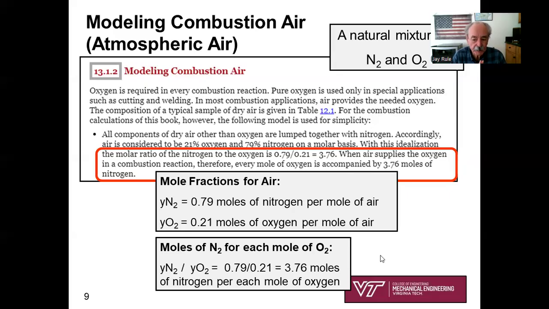So as you're going through your text, you're going to start seeing this number 3.76. It's not experimental. It's the science of what air is made up of. That's what 3.76 is: number of moles of nitrogen in air divided by number of moles of oxygen in air. And this is what makes it only incrementally more complex to deal with burning a fuel with air instead of just oxygen.